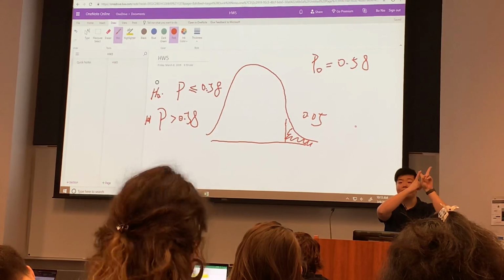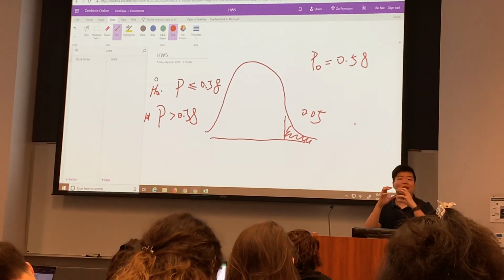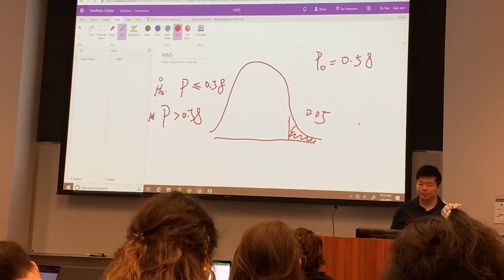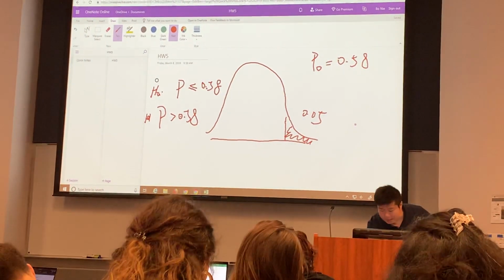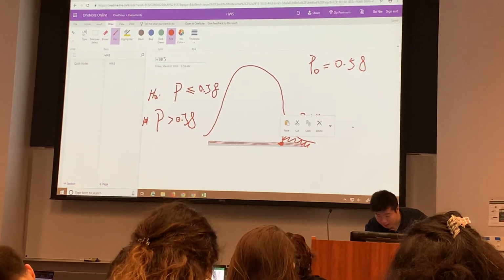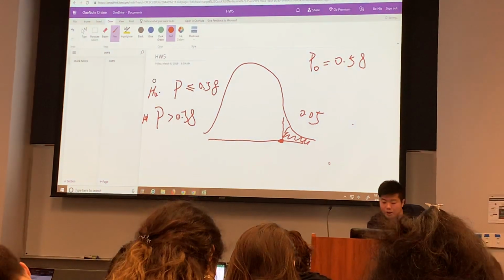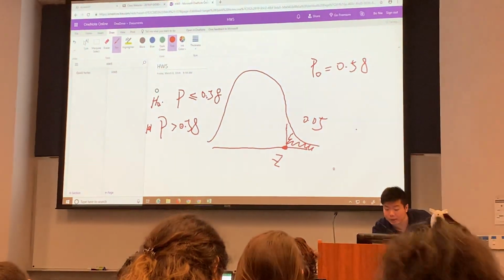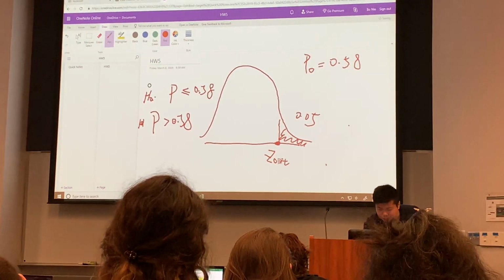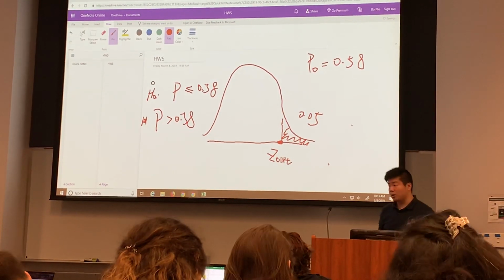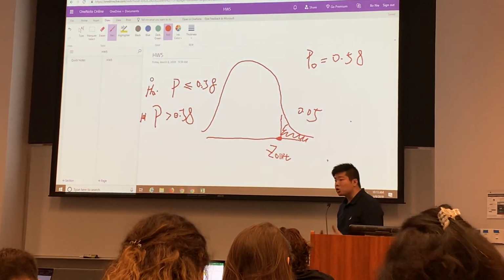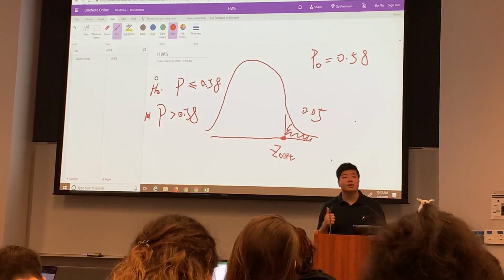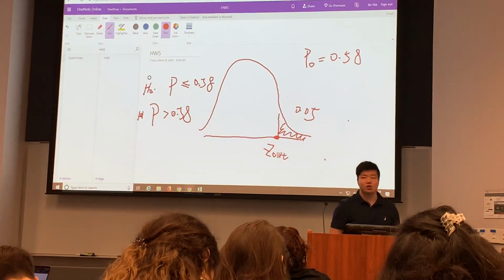Create the graph and try to find my critical value. This point is called Z crit in this case, because we're using the Z table. And why do we call it the critical value? Because it never changes.